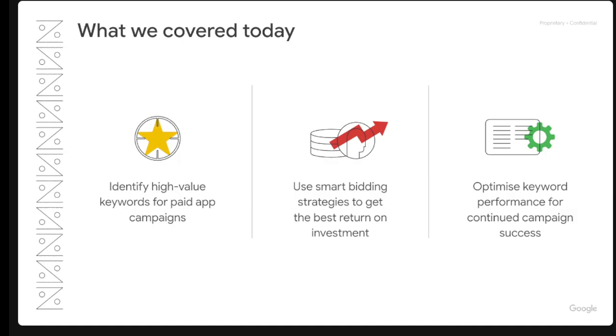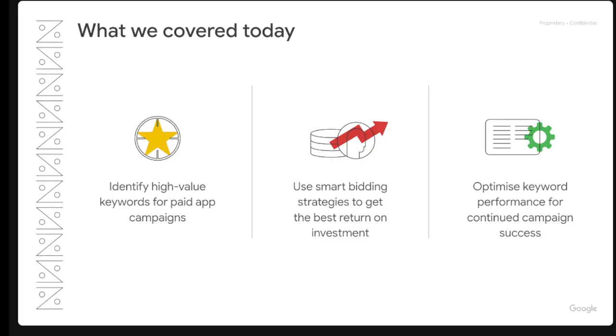So just to recap what we covered, we looked at how to identify high value keywords for paid ad campaigns, right? And then we looked at how you can implement different effective bidding strategies for maximum return on investment and to also achieve your different goals for the campaigns.